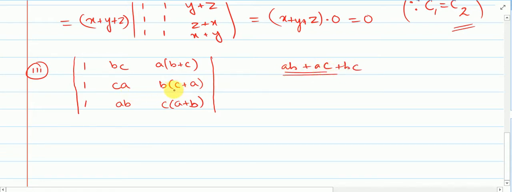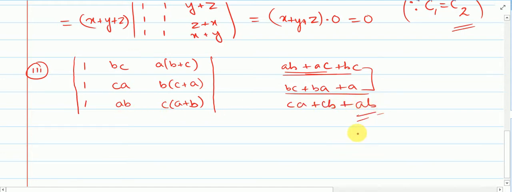Same goes for this also. If you open this bracket you get BC plus BA, and if you add this you will get CA. These two are same, yes or no? Now again check over here, same thing is happening. If you open the bracket then you get CA plus CB and then add the second column. Yes, so you are getting something common.